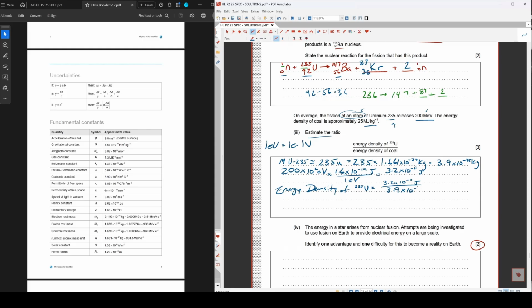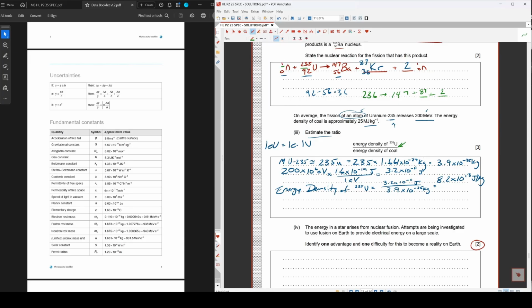And when I divide these up, I get 8 times 10 to the 13 joules per kilogram. Okay, so I found the energy density, because energy density is joules per kilogram, so I had to convert this energy to joules, figure out the mass of the uranium in kilograms. Now I'm partway to earning these 3 points. So much work for these last couple problems. Don't spend a lot of time here. Go get those easier ones.